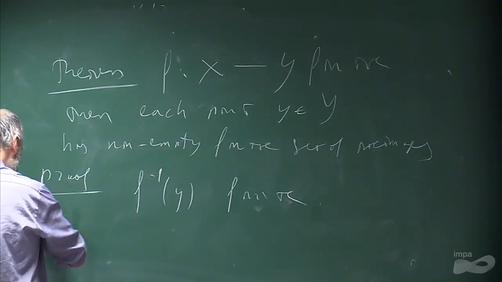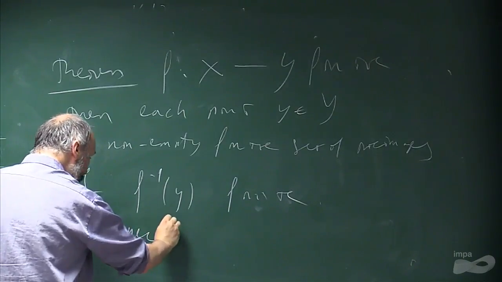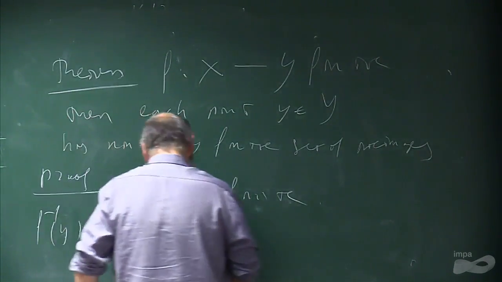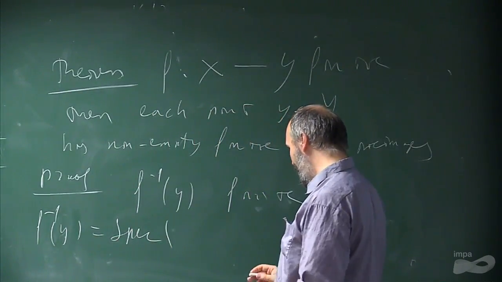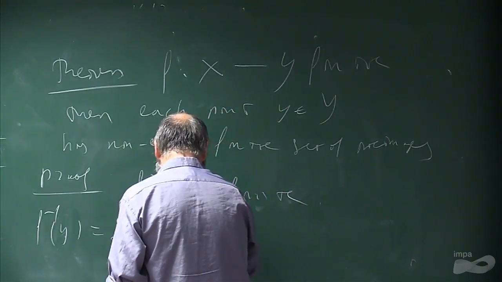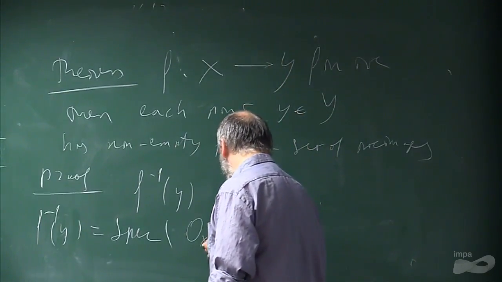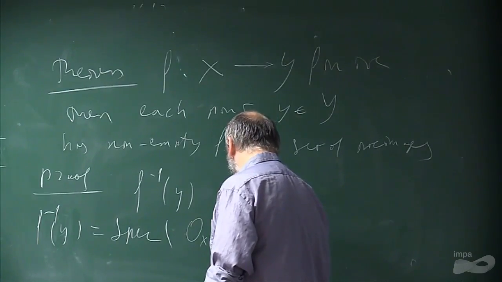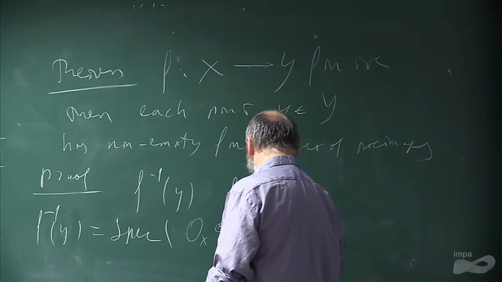The spectrum f minus 1 of y is the spectrum of a ring; spectrum means it's the set of maximal ideals, or prime ideals if you are interested, but let's do it with maximal ideals of the ring. Now we take O of X, the bigger ring, and tensor it over O of Y by O of Y quotient by My.